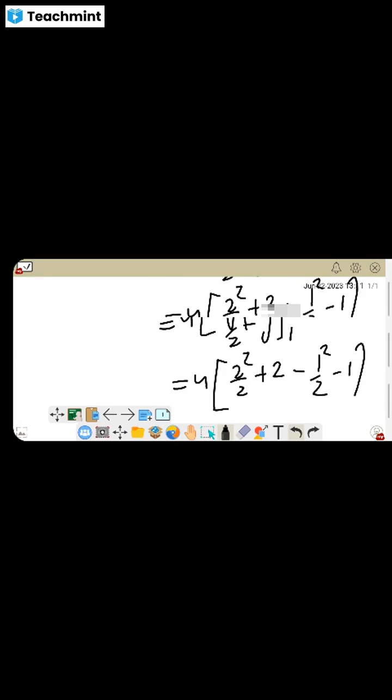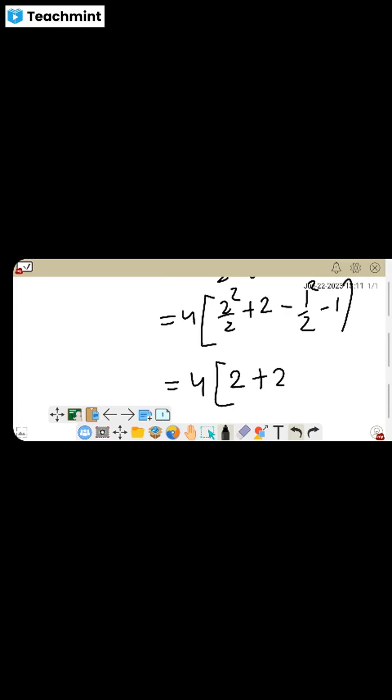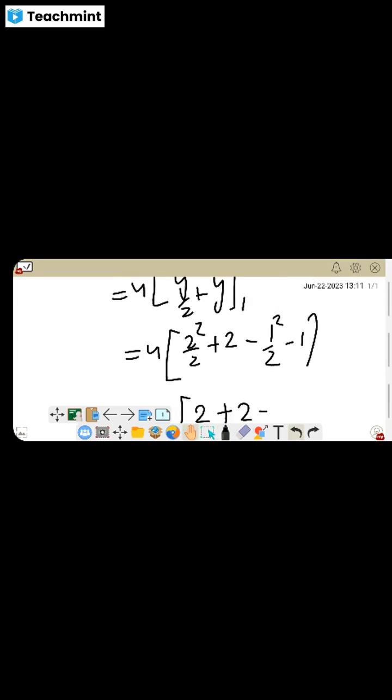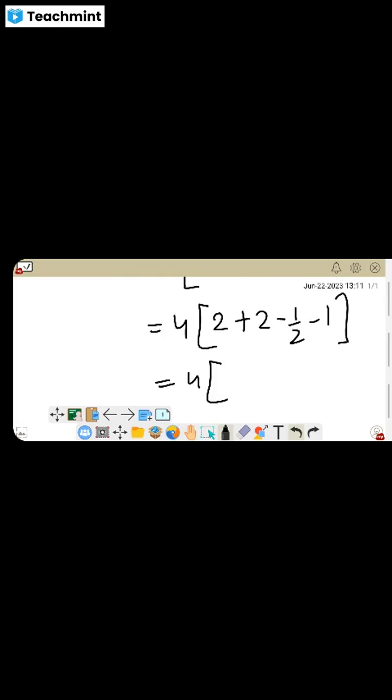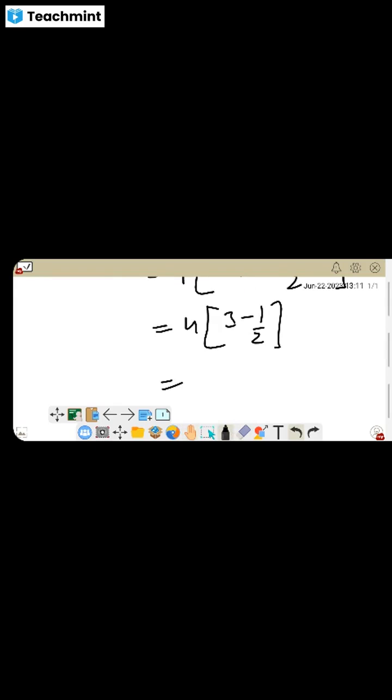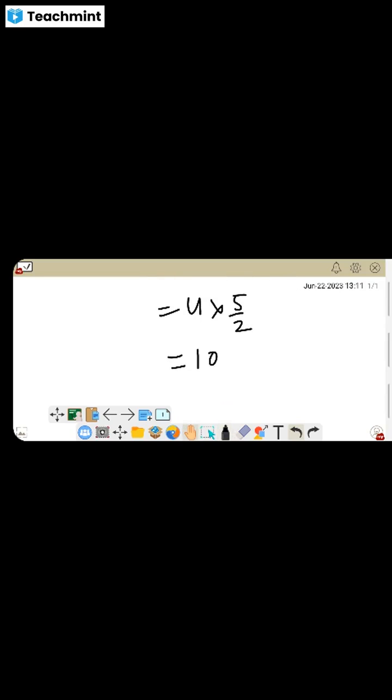So this is 4 into, here 2 plus 2, minus the 1 by 2 plus 1, so 4 into 3 minus 1 by 2, and we have 4 into 5 by 2. So this is done.